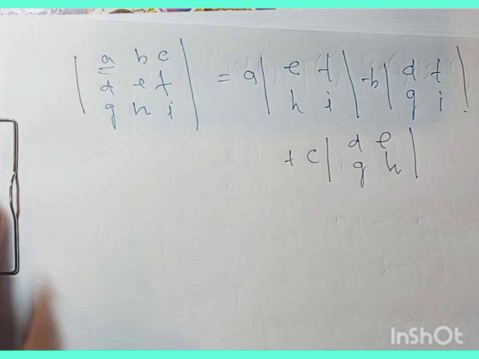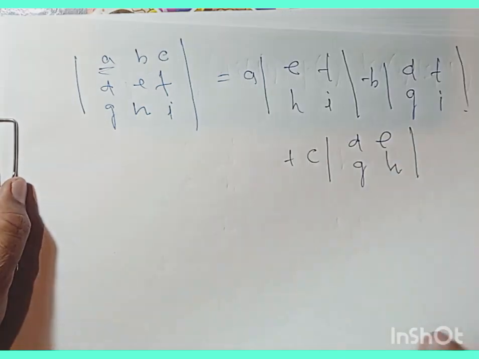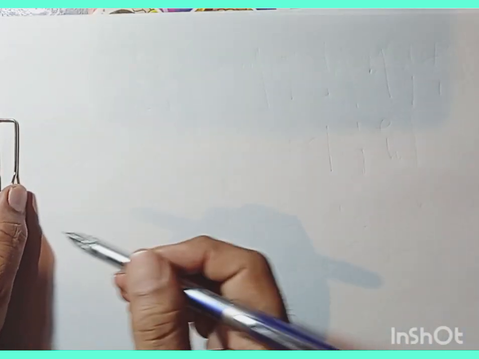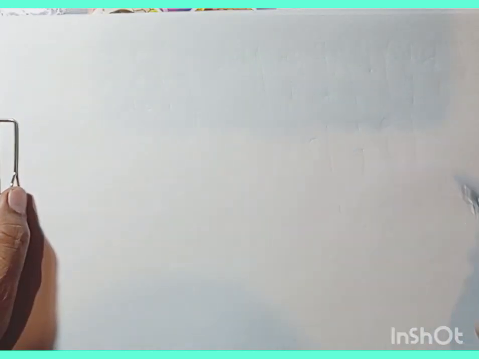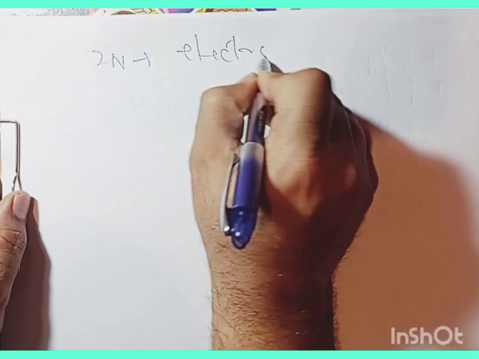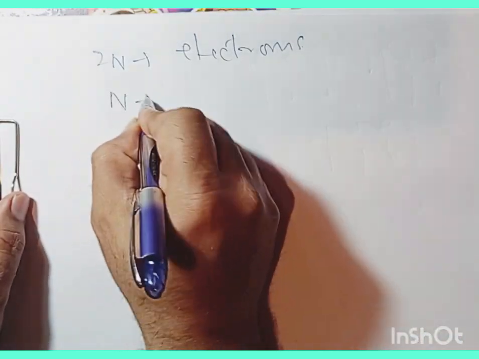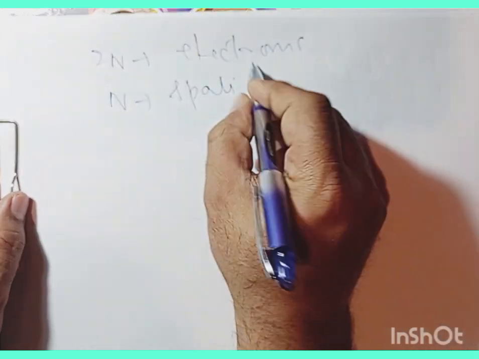So using the idea of determinants, we would finally write down a Slater determinant for this closed shell atom, assuming that this atom has 2n electrons. If it has 2n electrons, then it has n spatial orbitals.